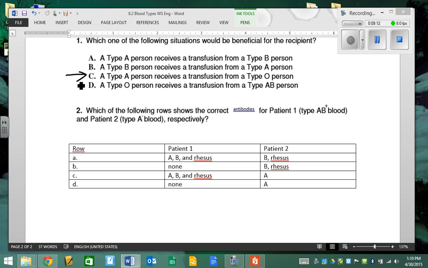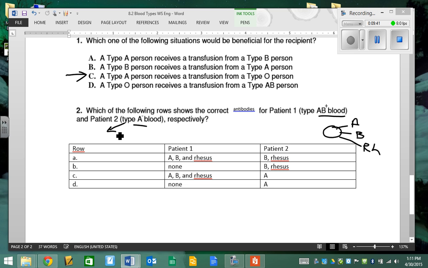Now the last question is asking about antibodies for 2 different patients. Patient 1 has AB positive blood, and patient 2 has A negative blood. But I'm not looking for the antigens they have, I'm looking for the antibodies. So if I draw AB positive blood, when you have AB positive blood, you have all of the antigens and none of the antibodies.